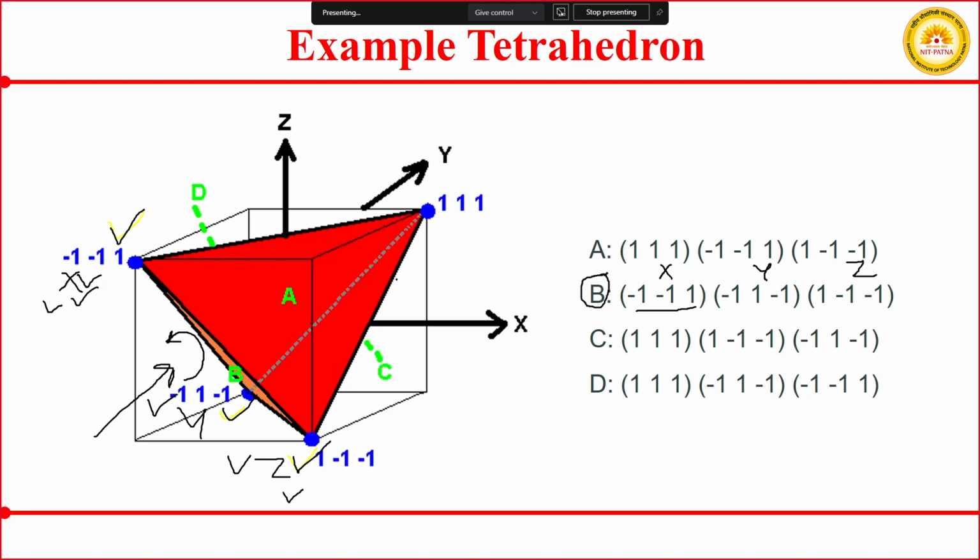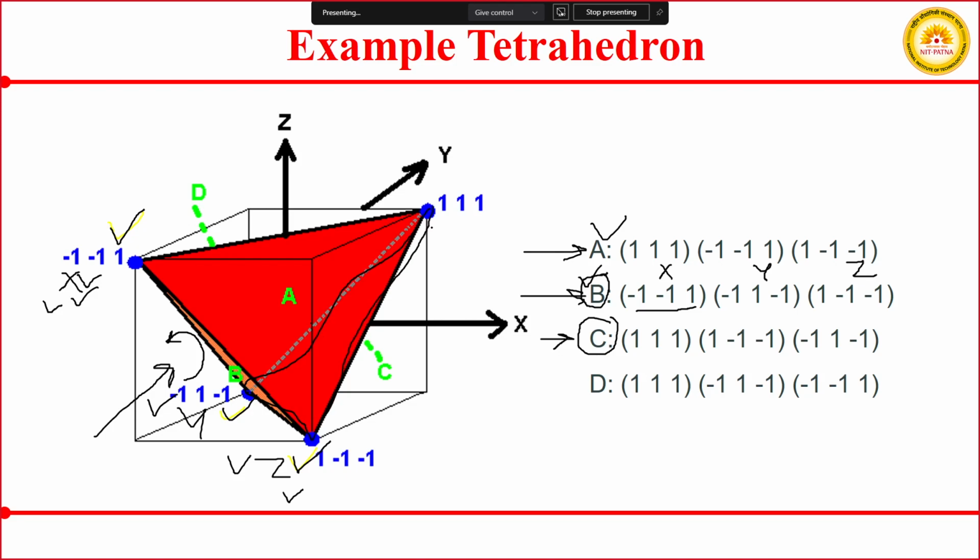A is representing one surface corresponding to three vertices. Then B is representing a surface corresponding to these three vertices. These A, B, C are representing triangular surfaces. C is representing a triangular surface which is corresponding to these three vertices.